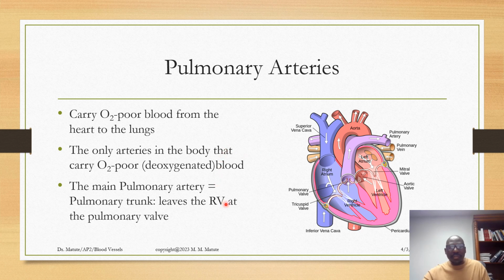And you can see that the pulmonary arteries receive their blood when the pulmonary semilunar valve opens, which is associated with the right ventricle.